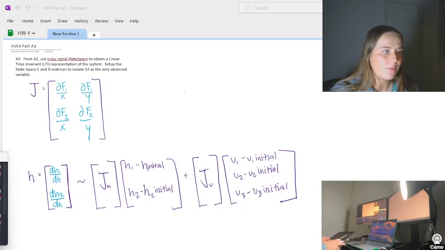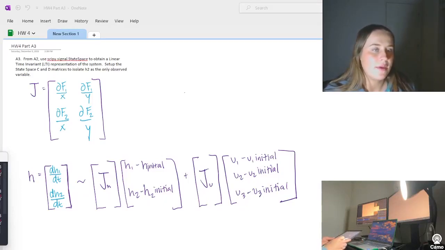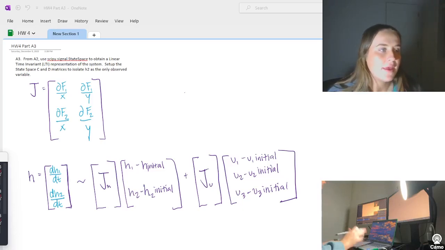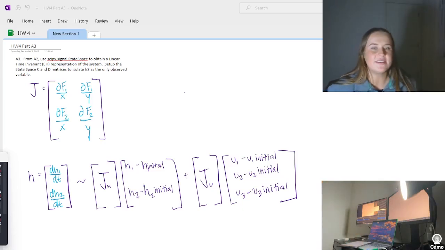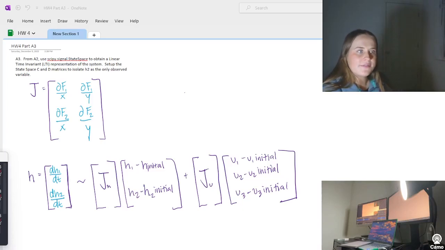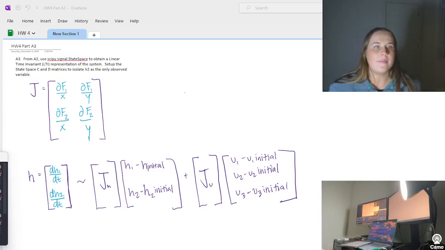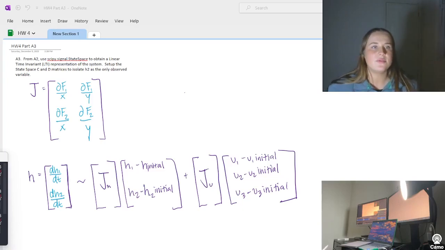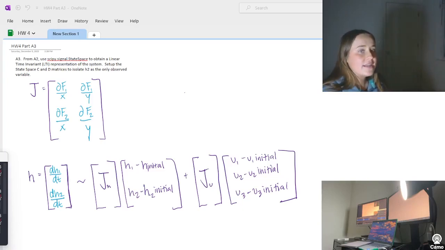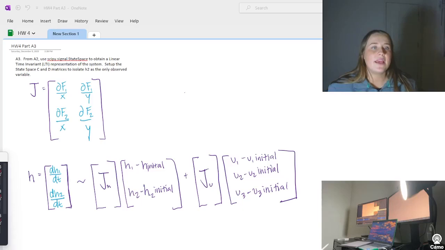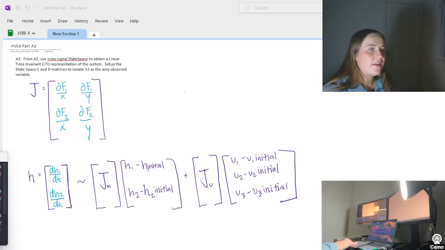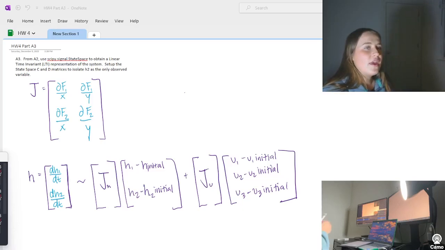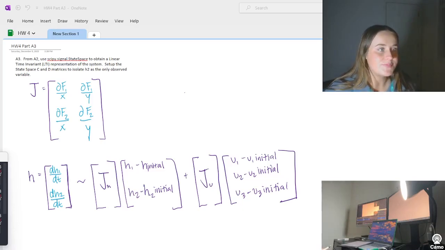Okay, we are back with part A3. And I left up this part from A2 because for me, I think it's definitely a continuation. But A3 basically wants us to use scipy.signal.statespace to obtain a linear time invariant representation of the system. And it wants us to isolate H2.